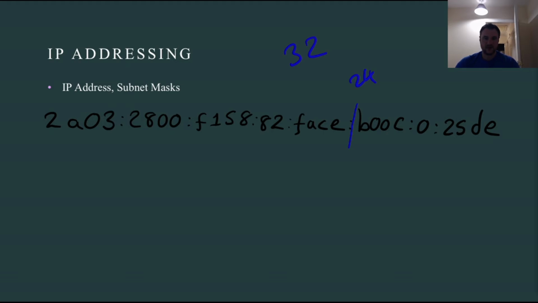What I've done is say that the first half of this IPv6 address is network, and the second half is host. Working with alphanumeric, we've got 0 to 9 and then A to F. The lowest value is 0, and the highest value is now F. That's what gives it so many more combinations.